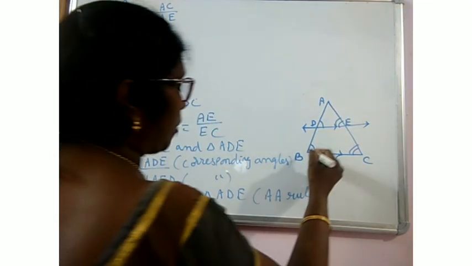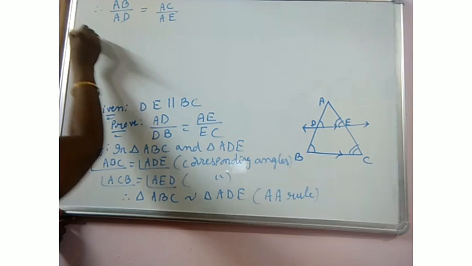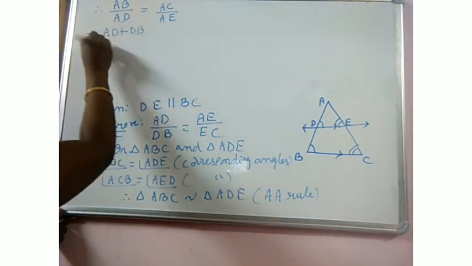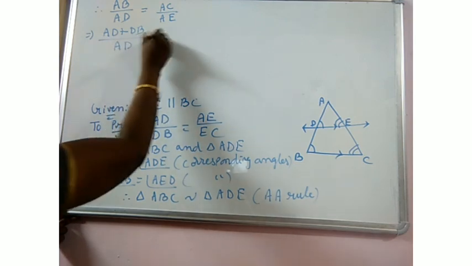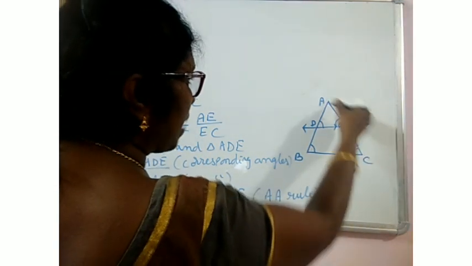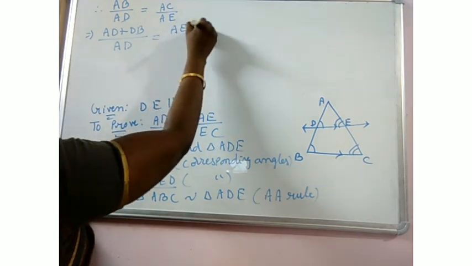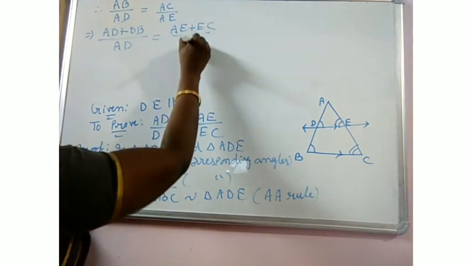But we know that AB means AD plus DB. So AD plus DB by AD equal to, same way AC means AE plus EC, AE plus EC by AE.